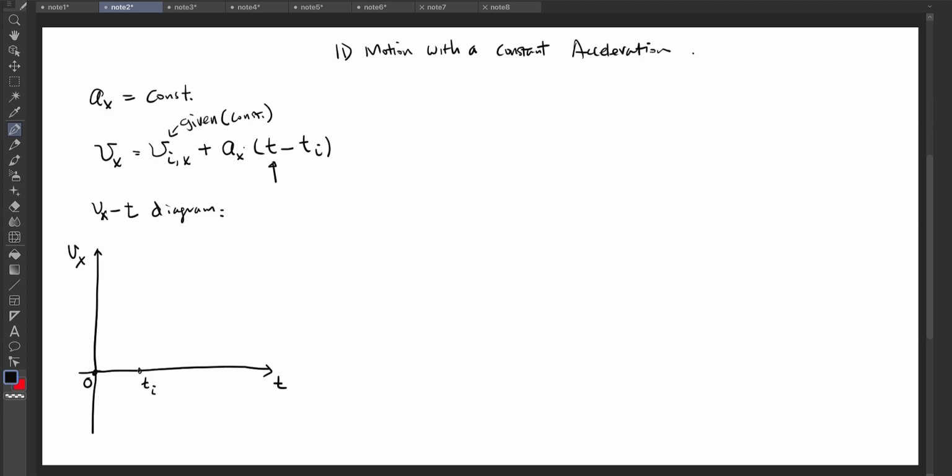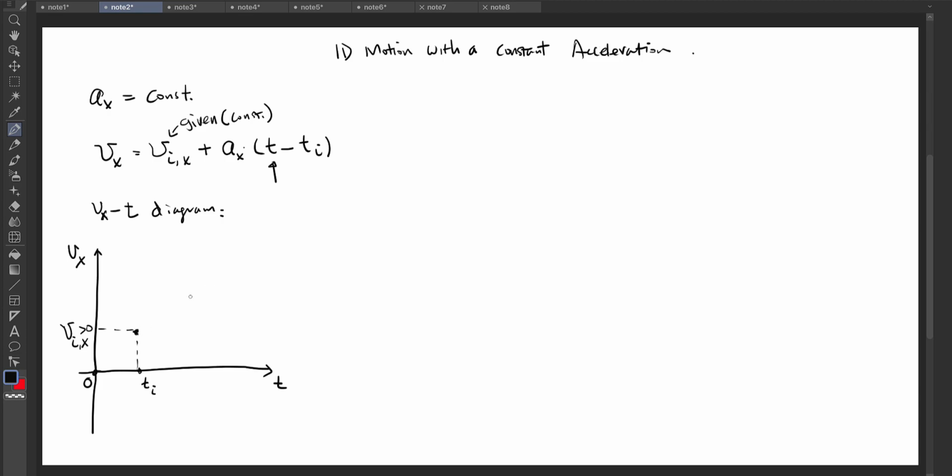The initial time is here. If I plug in that, then the vx here is vix. So we're going to get to a point up here. That's the value there, vix, if this quantity is positive. So if vix is positive, meaning it's moving along the positive x-axis, then we should get a point here.